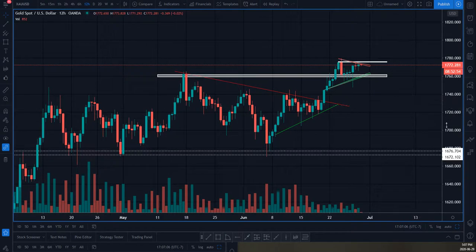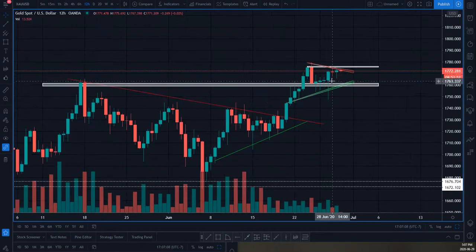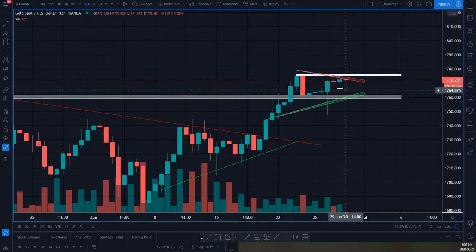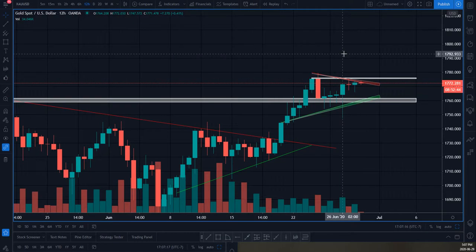And on the 12-hour chart, we see a very well-respected bullish candle right here. Huge wick down. This is a nice hammer closing near the high of the candle range. We did get some consolidation where we're really not seeing a whole lot of movement within the price.